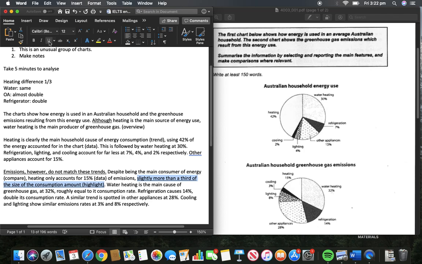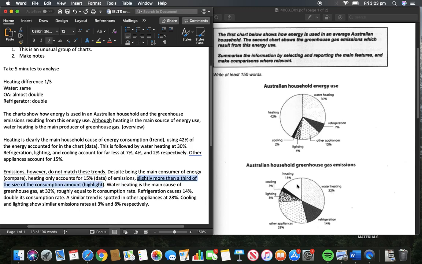I'm not just saying it's less, I'm saying, hey, that's a noticeable drop. The thing is, it doesn't really drop. If this was energy use in 2008 and energy use in 2018 and it dropped, I would say dropped. But in this case, the indication is that this is at the same time. So I'm just going to highlight that it's more than a third.